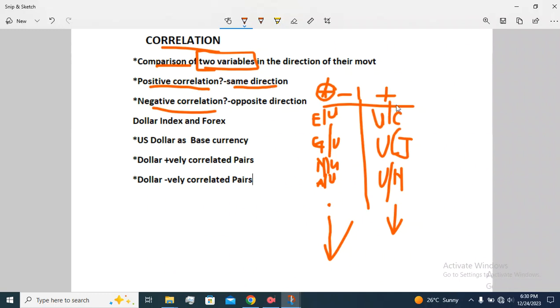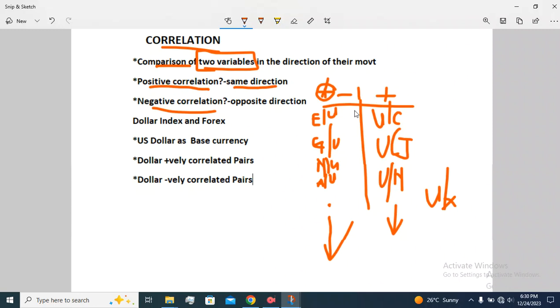So these currency pairs with USD as the first quote, USDCHF, USDJPY, USDNZD, USD stroke something, are all positively correlated with the dollar index. The negatively correlated currencies with the dollar index are those with the USD as the second currency.